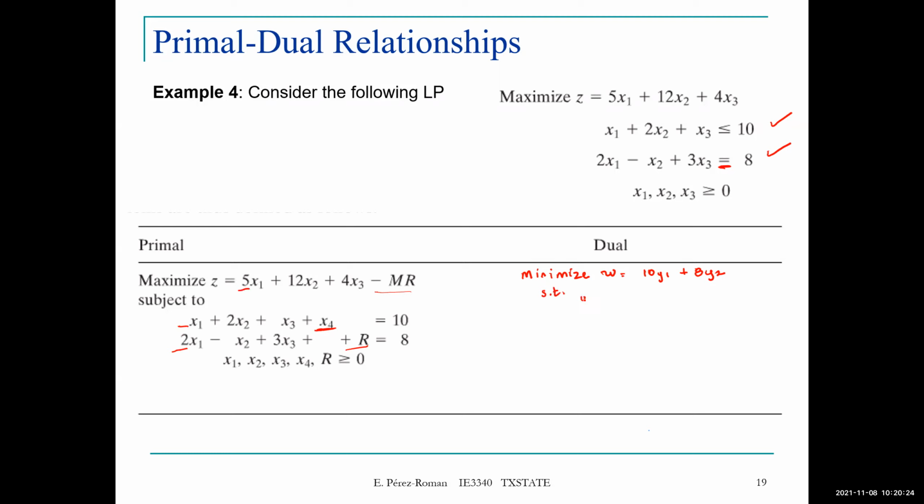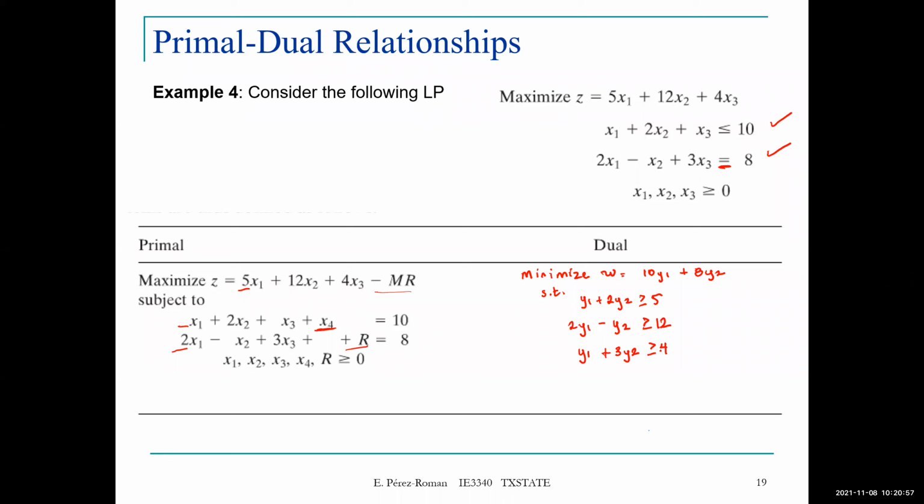So this is y1 plus 2 y2 greater or equal to 5. Have 2 y1 minus y2 greater or equal to 12. Y1 plus y3 times y2 greater or equal to 4.